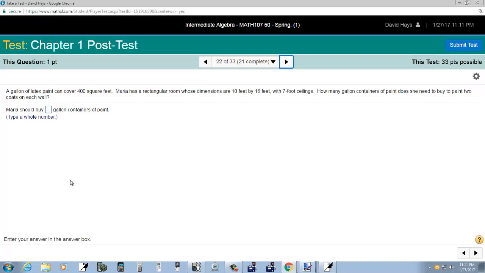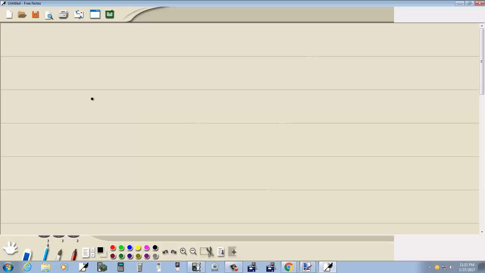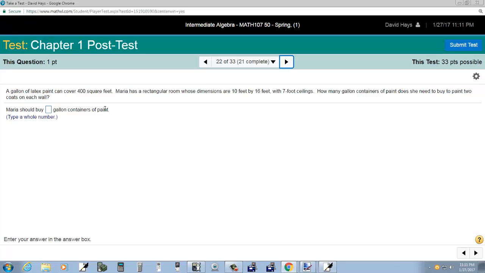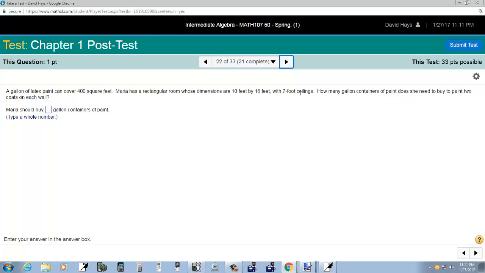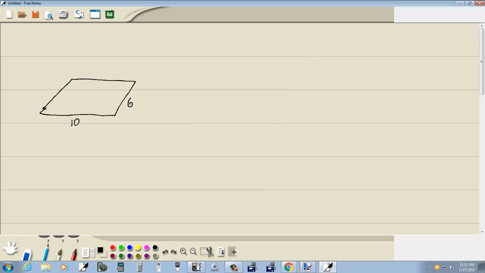A gallon of latex paint can cover 400 square feet. Maria has a rectangular room whose dimensions are 10 feet by 6 feet, with 7-foot ceilings.